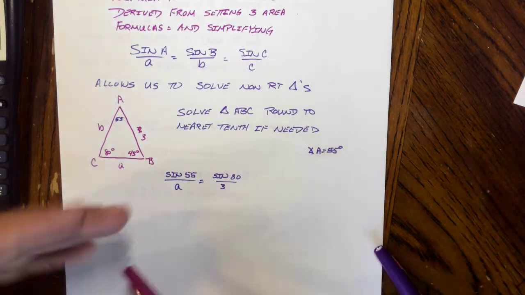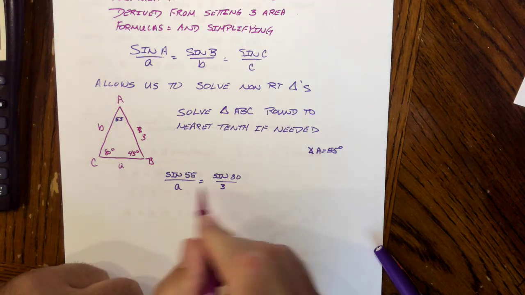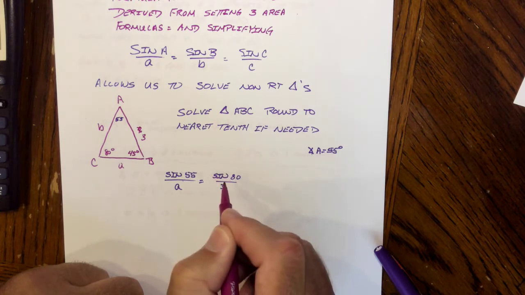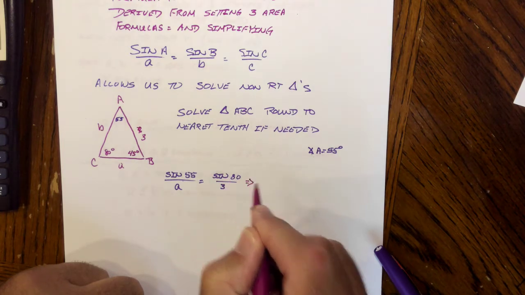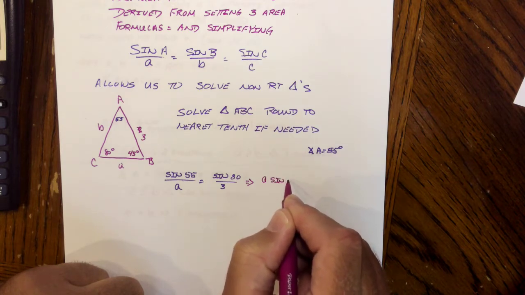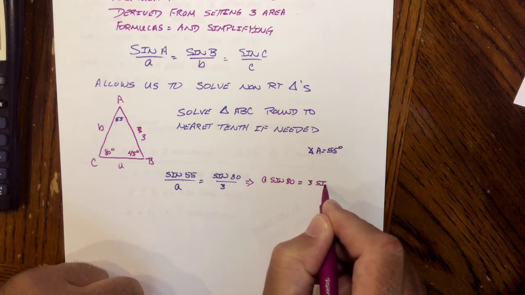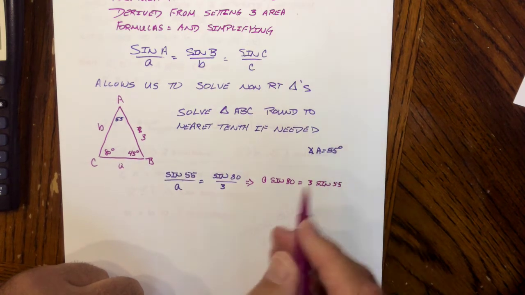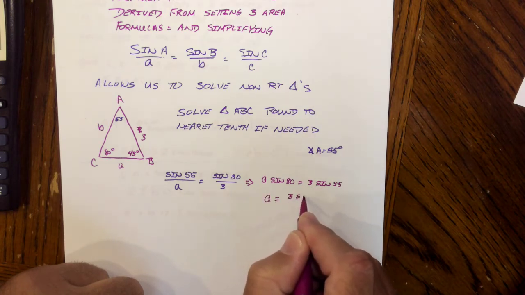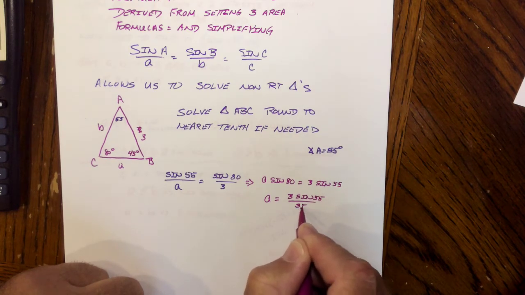So we got the calculators. Let's might as well be as precise as possible. So we're going to cross multiply to do this, but then we're going to have to divide. So for those of you that aren't seeing where I'm at, I got a sine of 80 equals 3 times the sine of 55. But I need to solve for a. So 3 times the sine of 55 divided by the sine of 80.